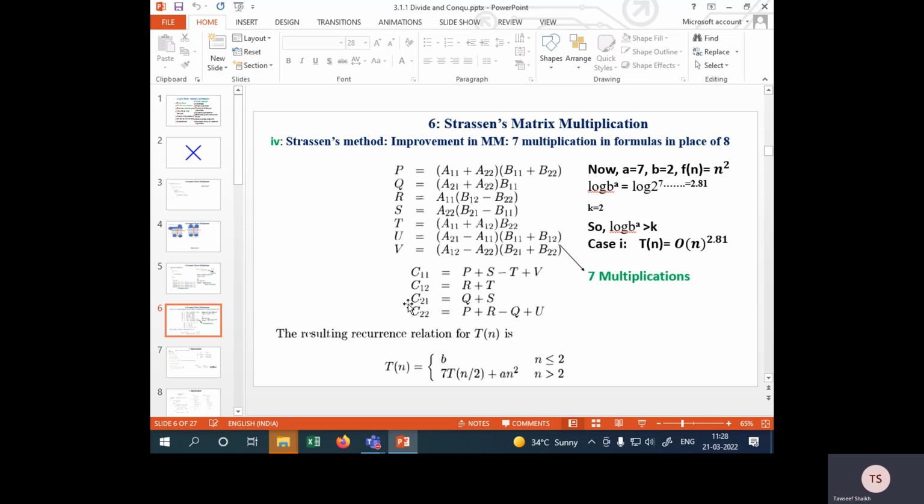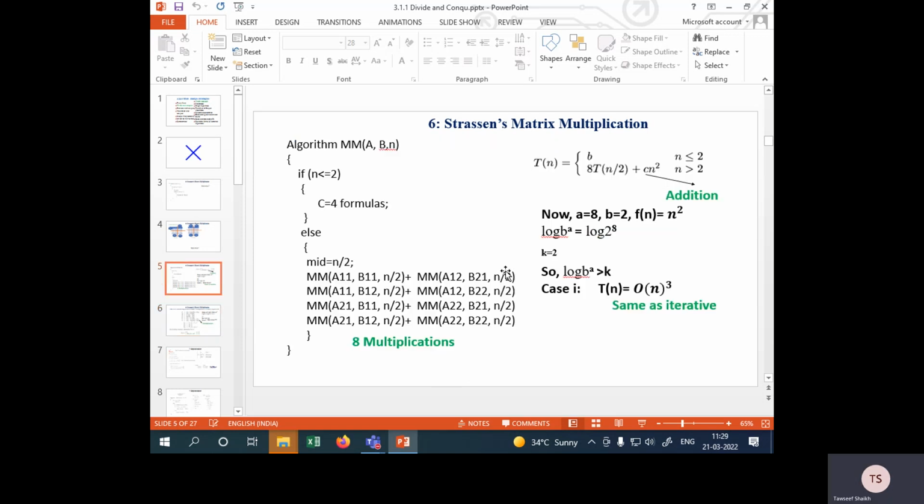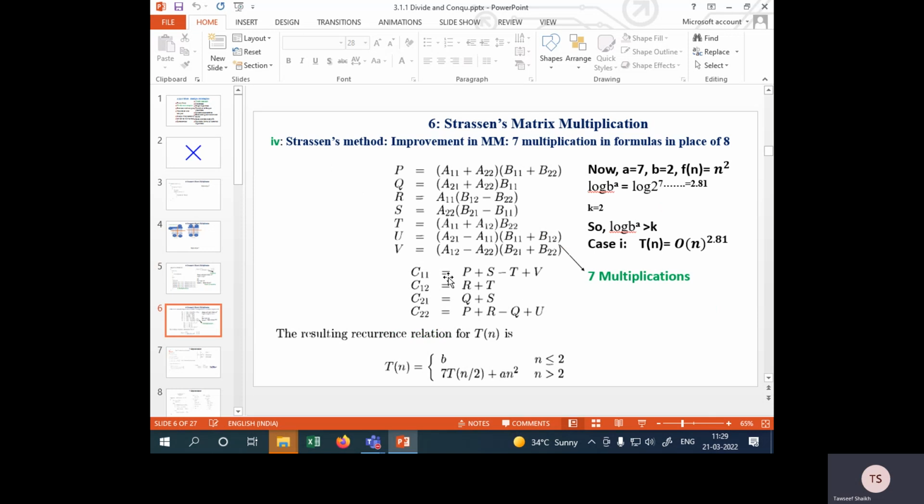And he gets the results C11, C12, C21, C22 using the addition of those. So the point is that instead of taking those 8 multiplications to get the value of the third matrix C, he took those variables and reformulated the formula by taking only 7 multiplications, and the third matrix is the same as what we get from the usual method.